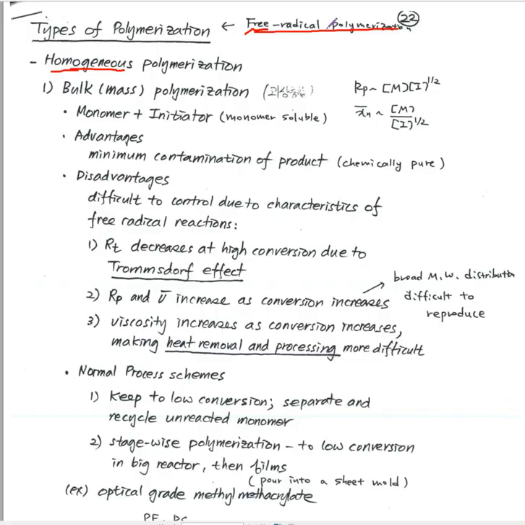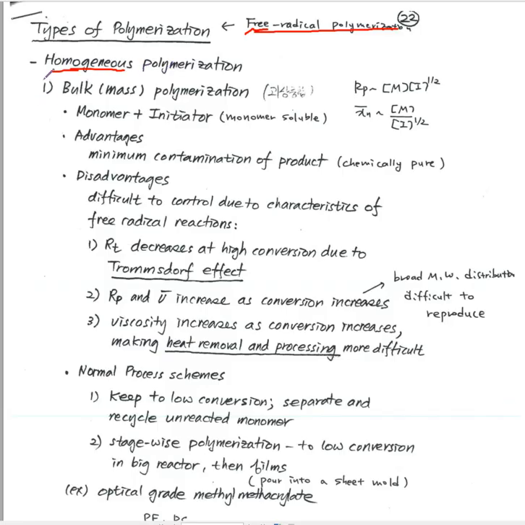So basically, the overall polymerization method is free radical, and I will also explain again, but the polymerization mechanisms are the same as free radical polymerization for most of these polymerization methods. So let's see one by one.